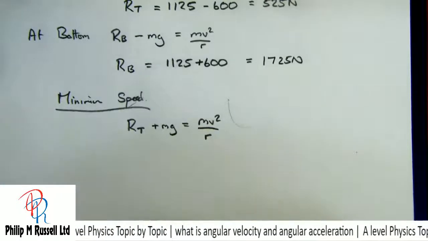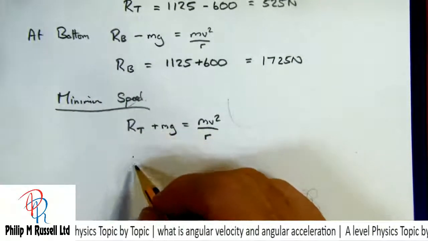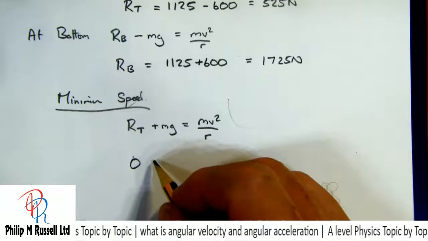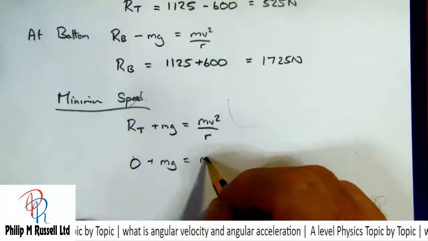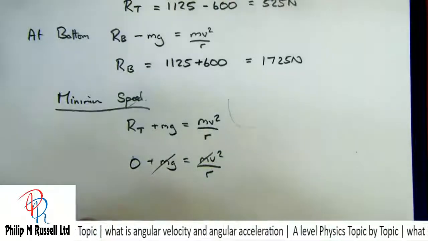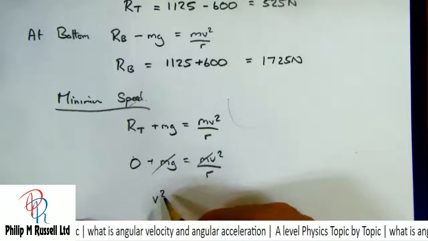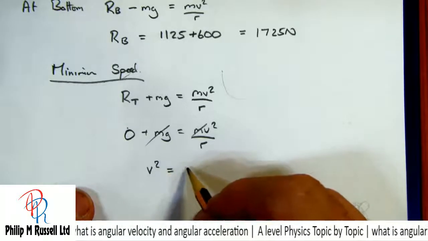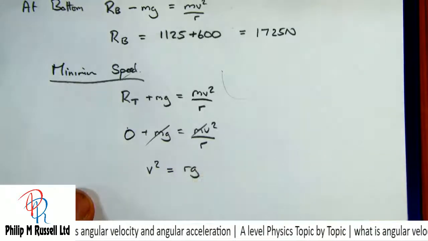Well, let's see, RT is going to equal 0. Then what we've got is mg equals mv squared over r. The m's on the same side cancel out. So rearranging that is going to give me v squared is going to equal basically rg.